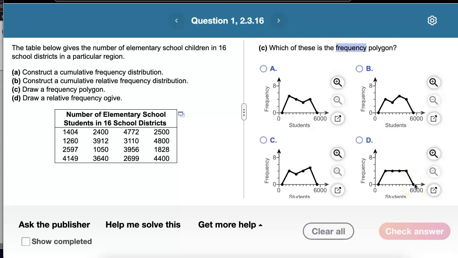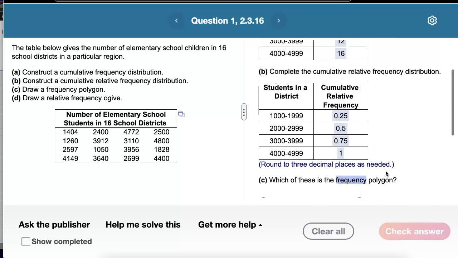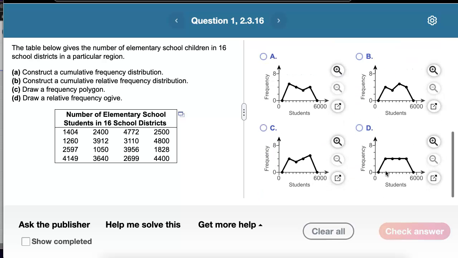That's standard in a frequency polygon. And also, the x values are actually the midpoints of each class. So let me go back up. We had the first class was 1,000 to 1,999, so it should be close to about 1,500. It should be that x value where the y value is 4.